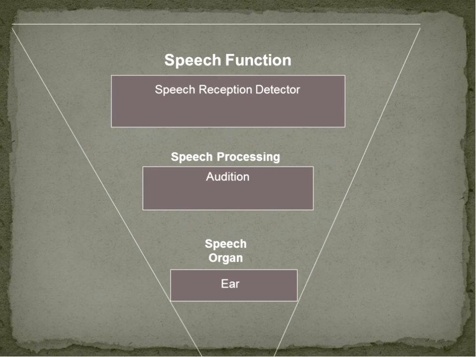The ear receives the acoustical sound powered by the lungs, generated by the larynx, filtered and modified, articulated by the articulatory system. The acoustical properties of that are received and transmitted to the brain. That process is called audition, and the function of the ear is to receive and detect speech. So it is a speech reception detector.